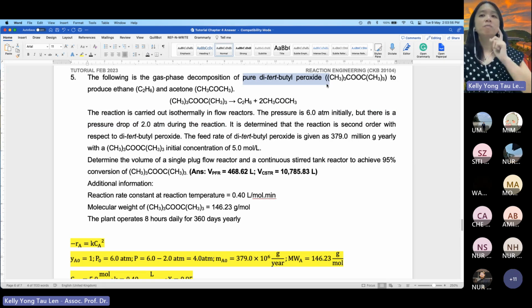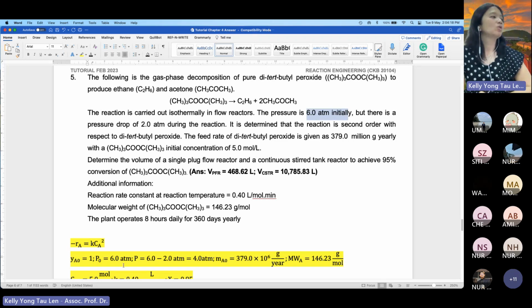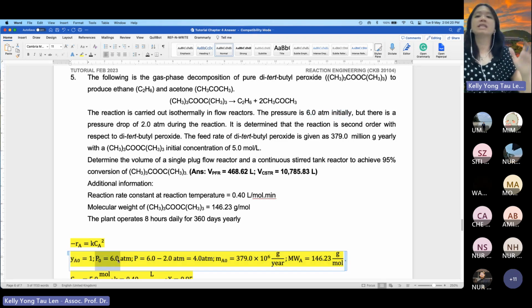That means the composition of your reactant A is pure, so your YA0 is 1. At the start, 100 mole percent is your A, which is your pure diethyl butyl peroxide. So YA0 is 1. Next information, initially your pressure is 6 atm. So your P0 is 6 atm.